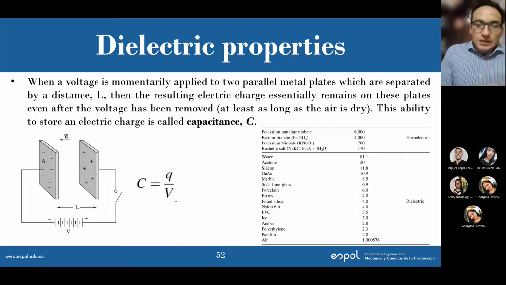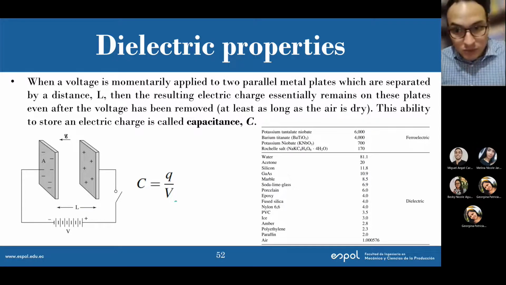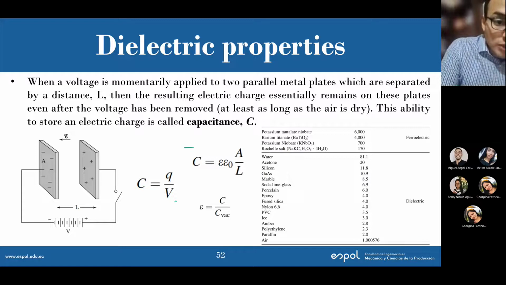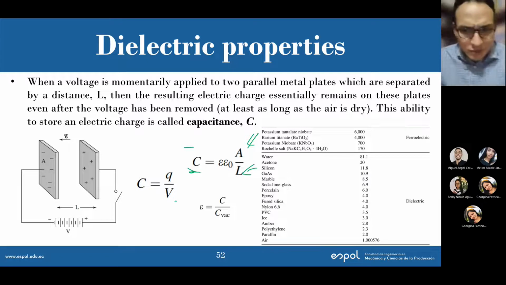And as you can imagine, the capacitance is higher the larger the area of the plate, and the shorter the distance between them. So actually, you do have this relationship of capacitance. The bigger the area, the smaller the separation between them, it will be higher. And that makes sense, right?